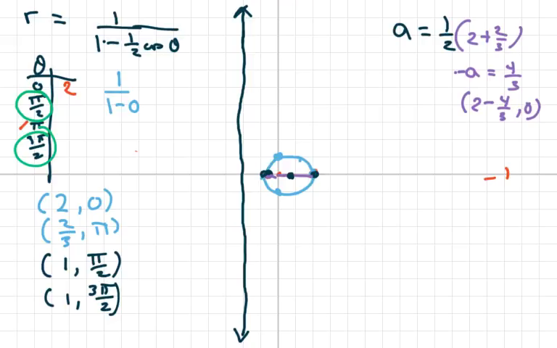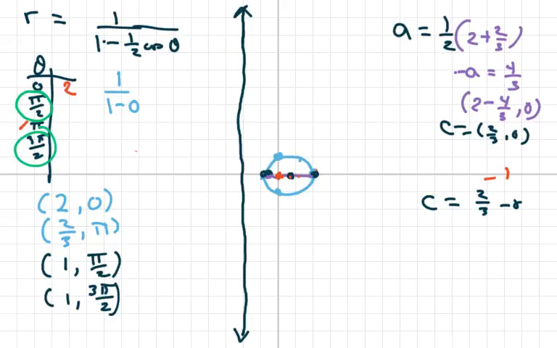So the center equals (2/3, 0), and c equals 2/3 minus 0. So one focus is right here, and so we're going to have to add 2/3 to our 2/3 here, and 2/3 and 2/3 is 4/3.